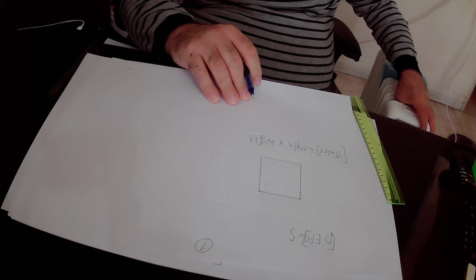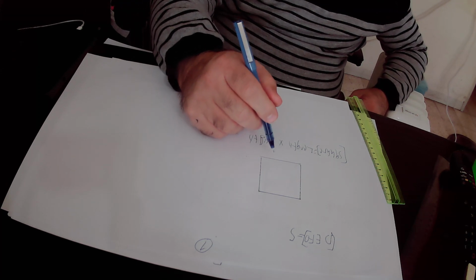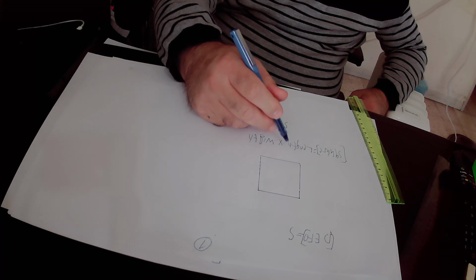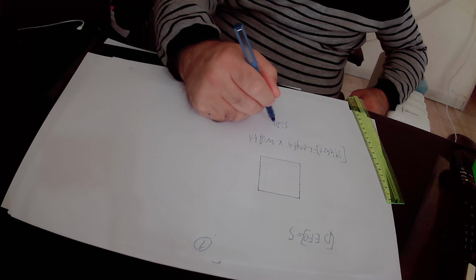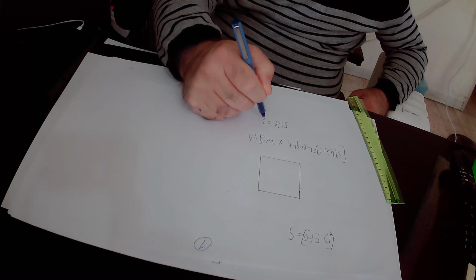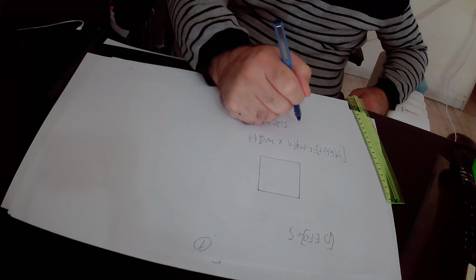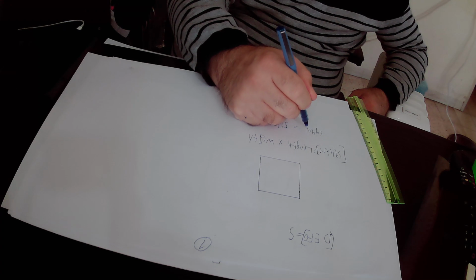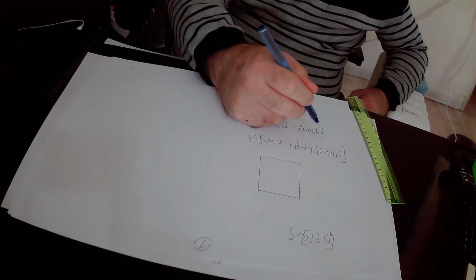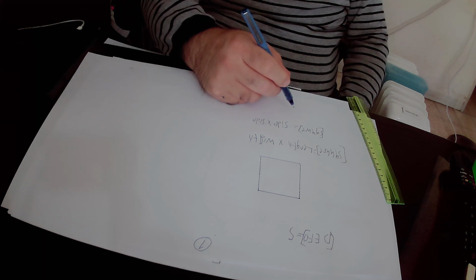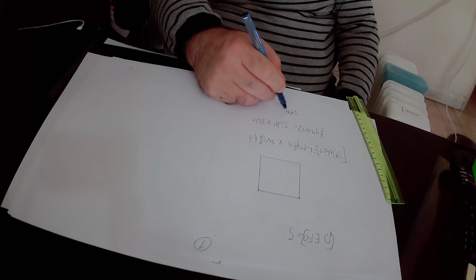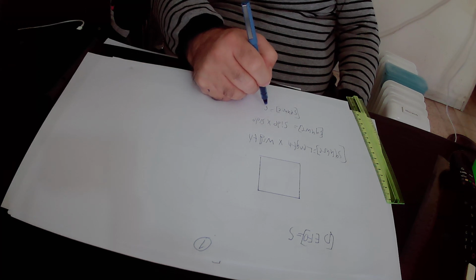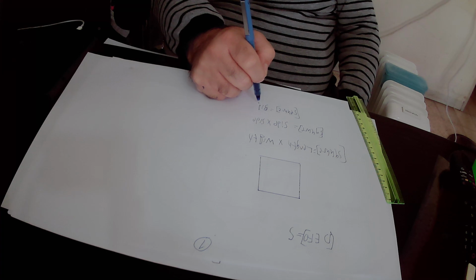Therefore, the area of this square will be the length of one side times the length of the other side. That is the area of the square, and the area of the square is equal to the length of one side squared.